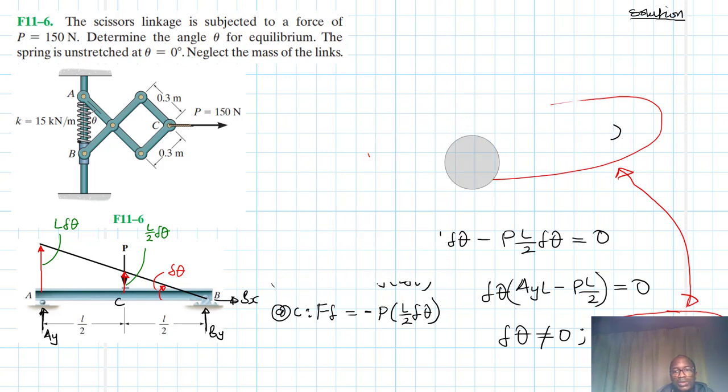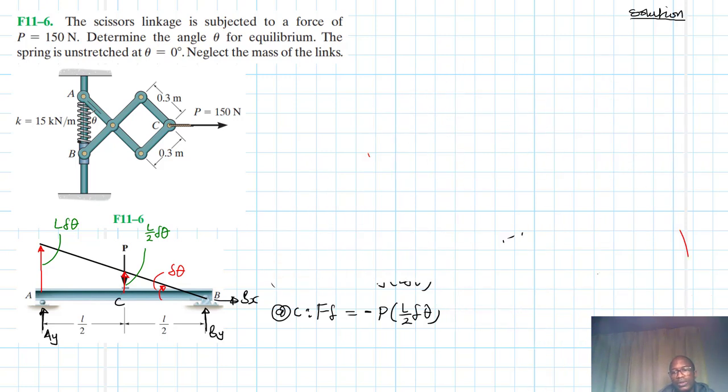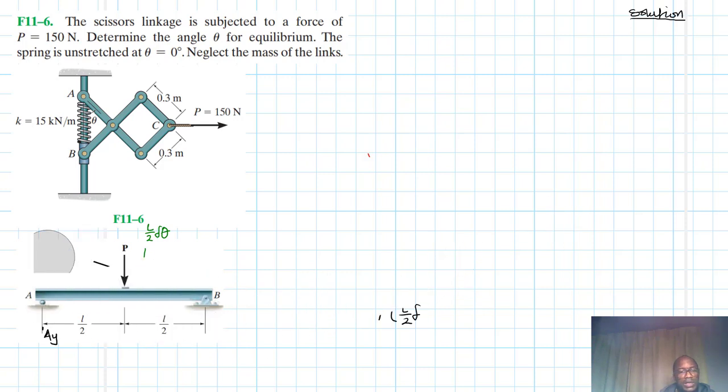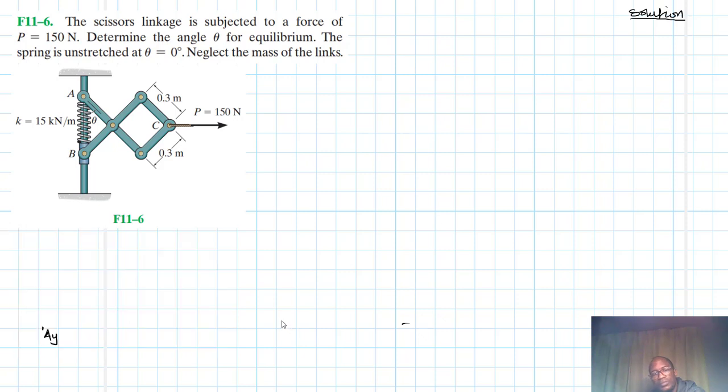Right, let's start doing the work. Let's follow the same steps that we just demonstrated in this structure. So we have this scissor structure. And like I said, you can apply equations of equilibrium directly on this, but it may take a little bit of time.